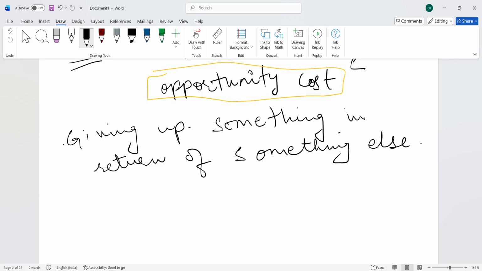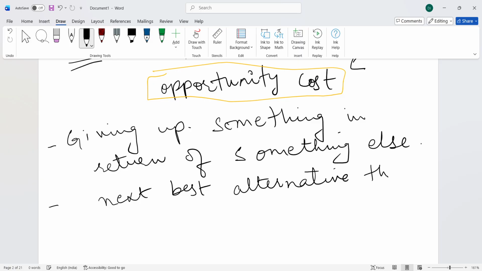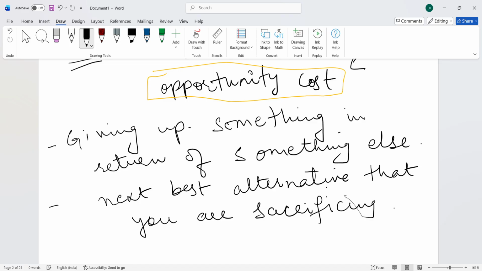In different books you will also find it as the next best alternative that you are sacrificing is your opportunity cost.